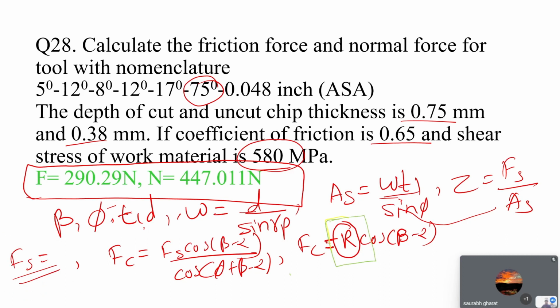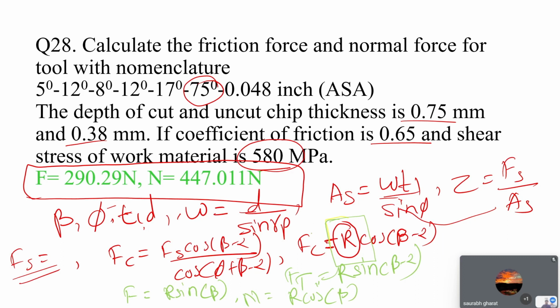After that you can calculate Ft, which is R sine of beta minus alpha. Again, F is equal to R sine beta, and the normal force N is equal to R cos beta.